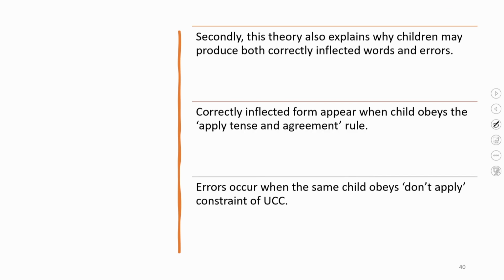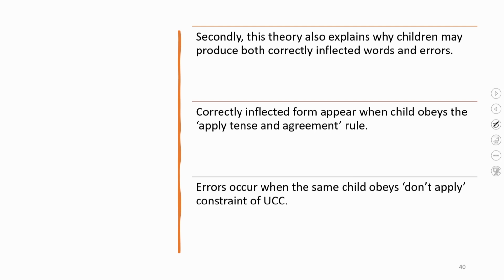It is often reported in the literature that when they make errors, this is not across the board. Sometimes they may use the inflections correctly, sometimes they may make errors. So, how can both happen at the same time? This is a serious question for the theorists to answer. It seems like this theory can answer that as well.